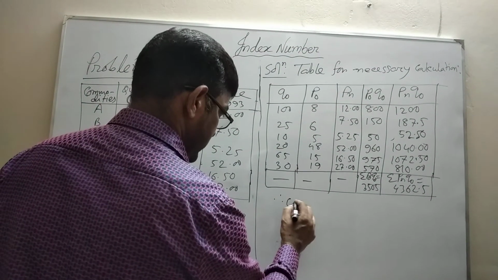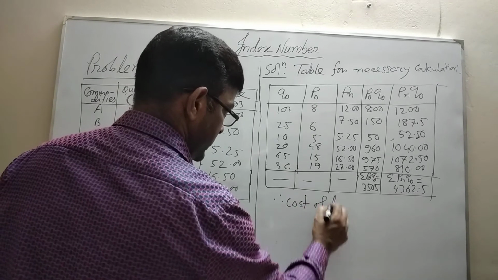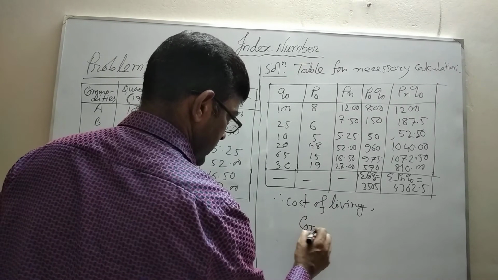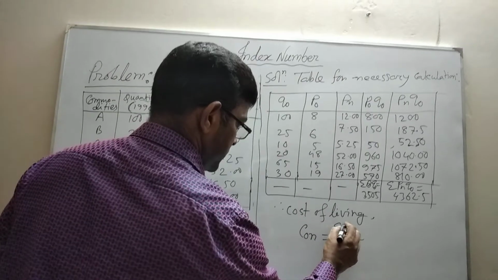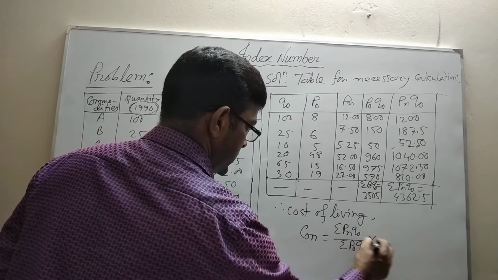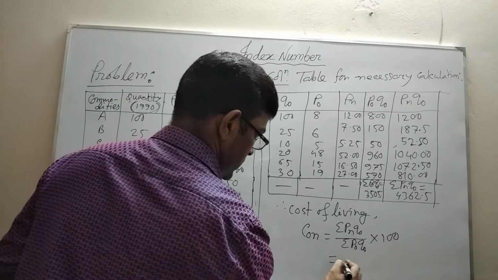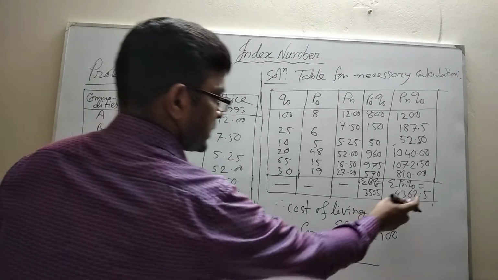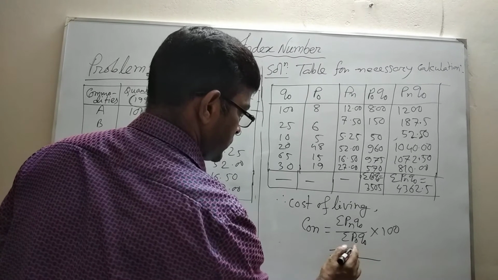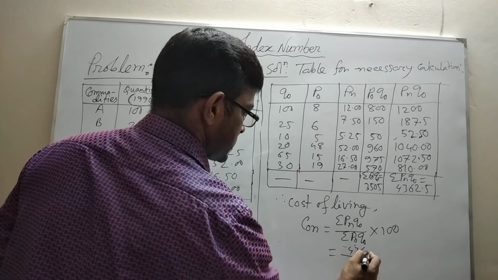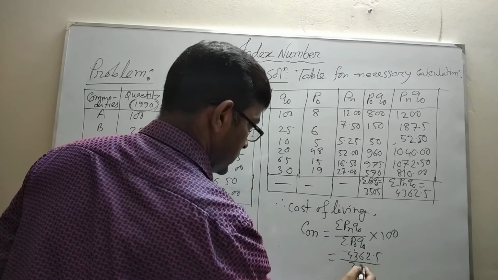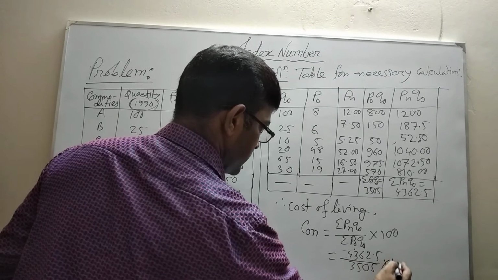So cost of living index Cn equals summation PnQo by summation PoQo, then multiplied by 100. That is 4362.5 divided by 3505 and multiplied by 100.